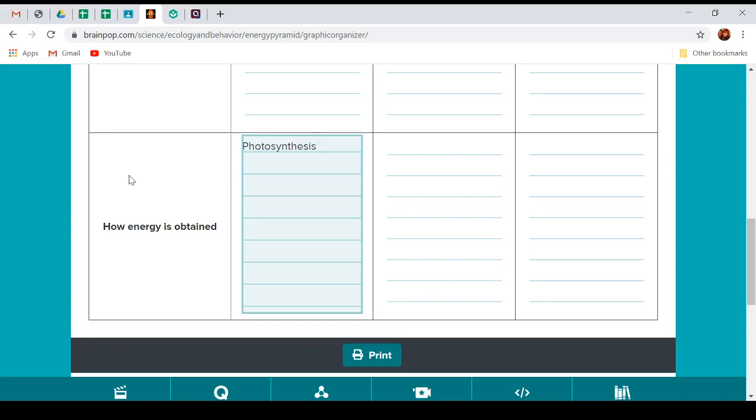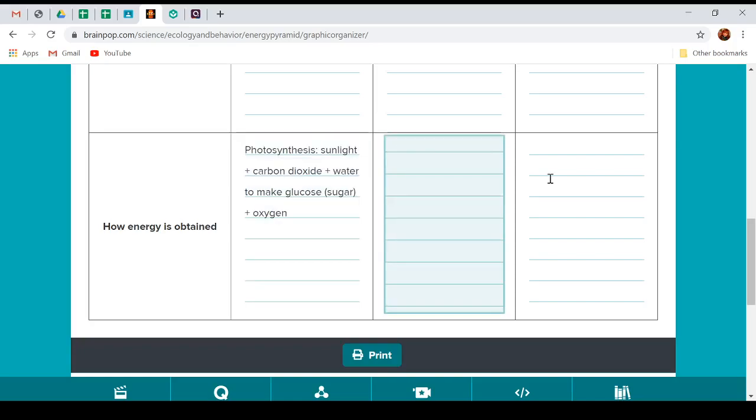So this is where we turn sunlight and carbon dioxide and water to make glucose, which is just sugar, and oxygen.